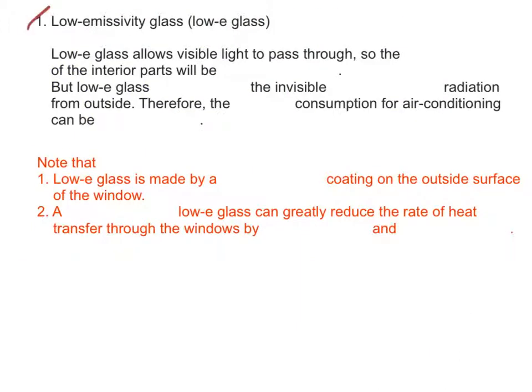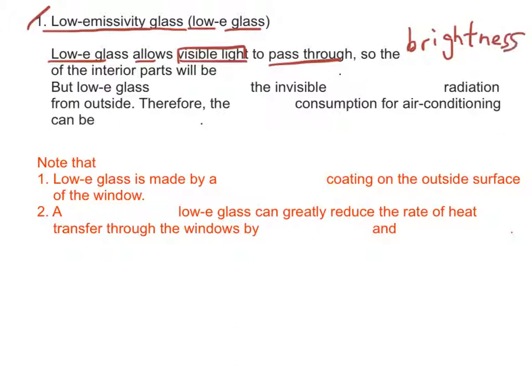First, we may use low emissivity glass, or we say low E glass. A low E glass allows visible light to pass through, so the brightness of the interior will be unchanged.